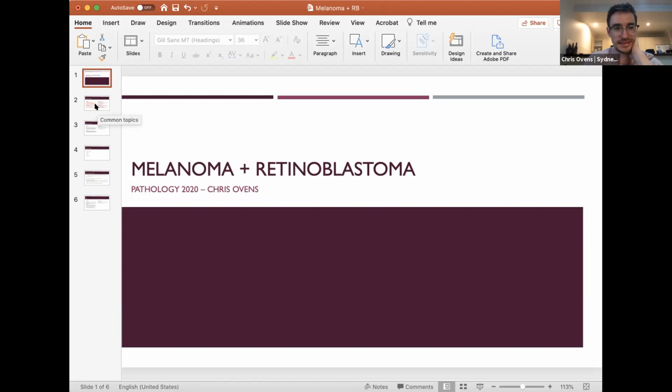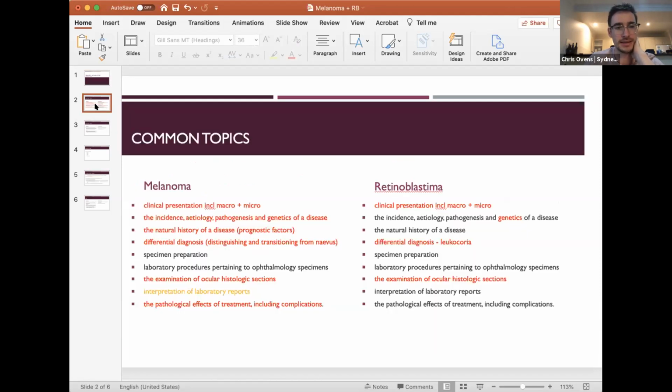So my topic is melanoma and retinoblastoma, so 2 small topics. And so looking at the common topics that they look at, we'll start with melanoma first. Of that list, they've pretty much asked most of them in the past, which is understandable. It's a fairly important topic.